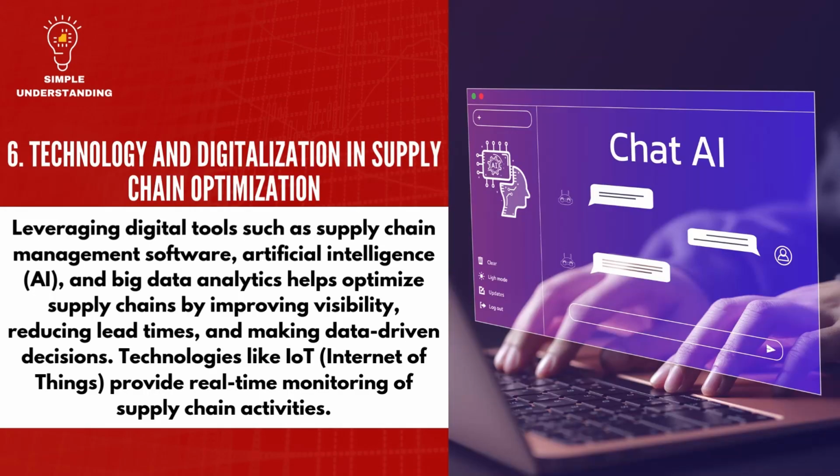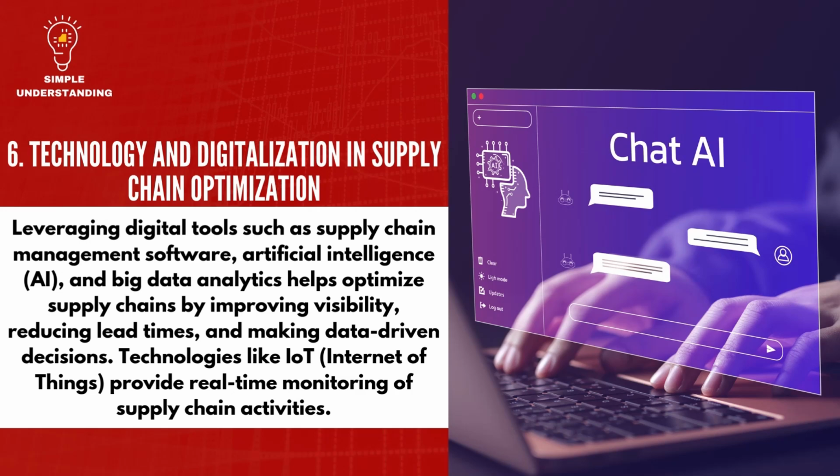6. Technology and digitalization in supply chain optimization. Explanation: leveraging digital tools such as supply chain management software, artificial intelligence (AI), and big data analytics helps optimize supply chains by improving visibility, reducing lead times, and making data-driven decisions.